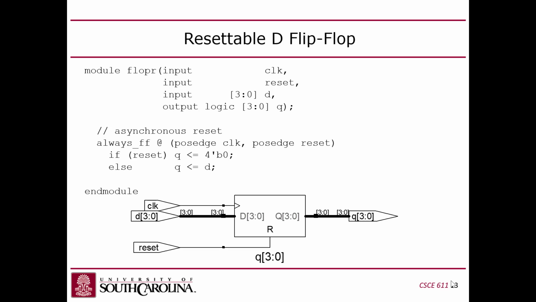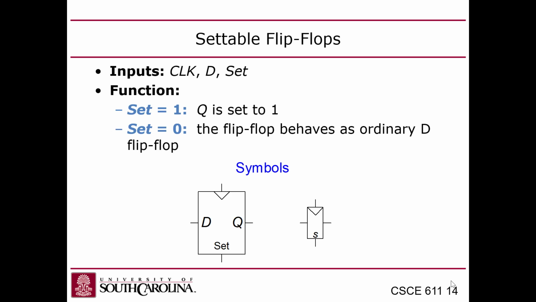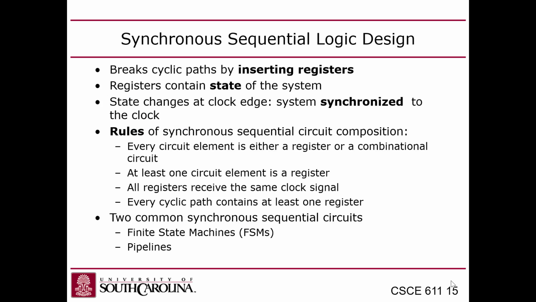So you'd have to list that in the sensitivity list. Any questions? Okay. And I mentioned you can also set. This is not very common though. Set is just like reset, except it allows you to initialize the Q output to 1.